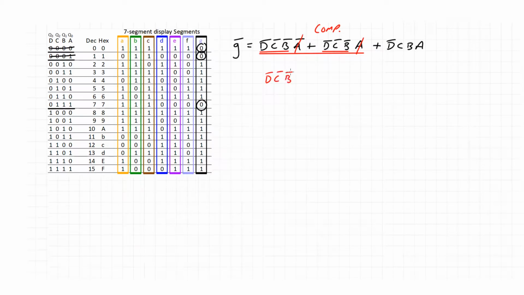So that is not D, not C, not B, or the other term, the final term, which was not D, C, B, A. And that is the minimized expression. There's nothing else we can do. So we're ready to implement this and make our full HEX 7-segment decoder on Proteus.